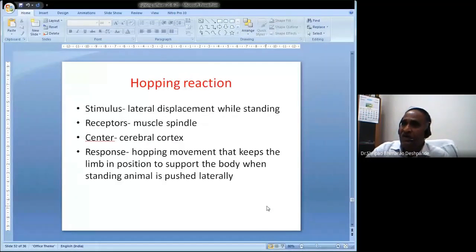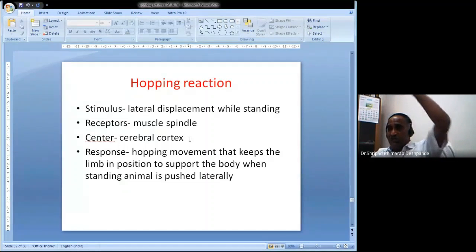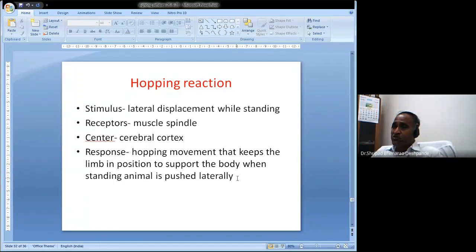So we all do the hopping. The stimulus is lateral displacement while standing. We try to jump like that, and here the receptor is a muscle spindle, and it will go to the cerebral cortex. These are long loop reflexes, so they will go to the cerebral cortex, and there is a hopping movement that keeps the limb in position to support the body when a standing animal is pushed laterally.